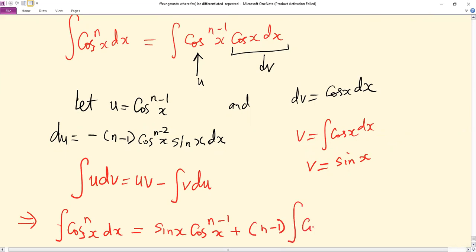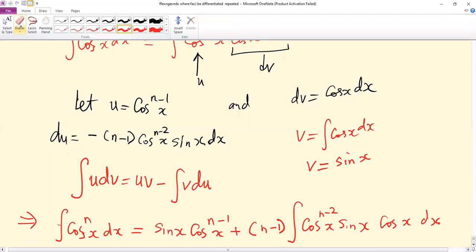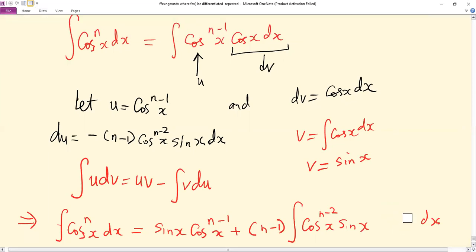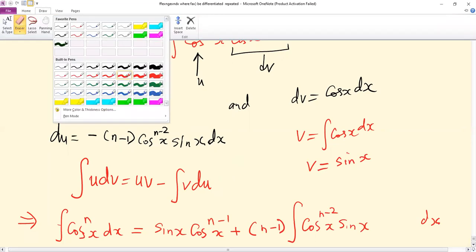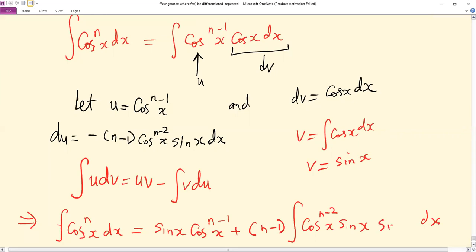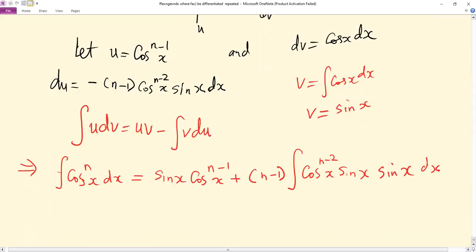The integral of cos power n minus 2 of x times sine x, where this is du and v is sine of x, so we have here times another sine x.